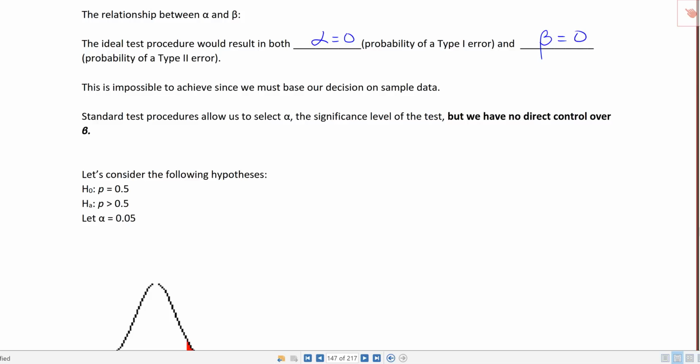Right? But this is really impossible to achieve. Since we have to base our decision on sample data, we're going to make an error one way or the other, right? So a standard test procedure allows us to select alpha as our significance level, but we really don't have any direct control over beta.